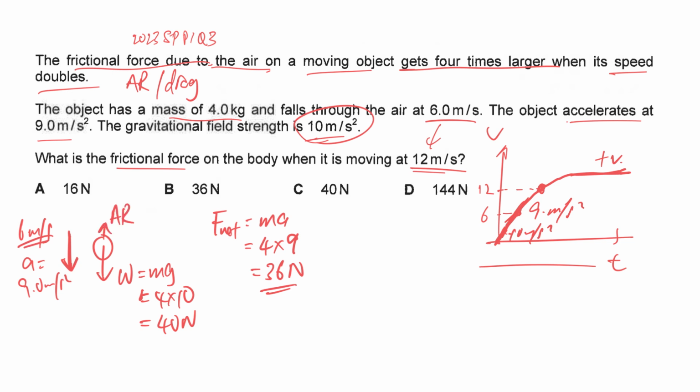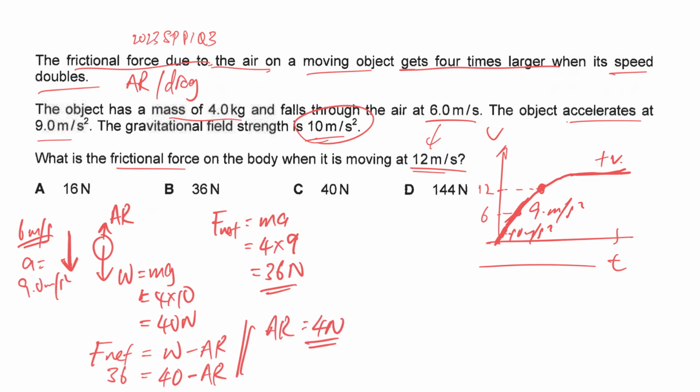Right now, we are going to find the air resistance when the speed is 6 meter per second. Usually, how do you find it? The net force equals weight minus air resistance. The net force is 36, the weight is 40, which stays constant, and the air resistance is what you're going to find. If you minus off, that will be 4 Newton.